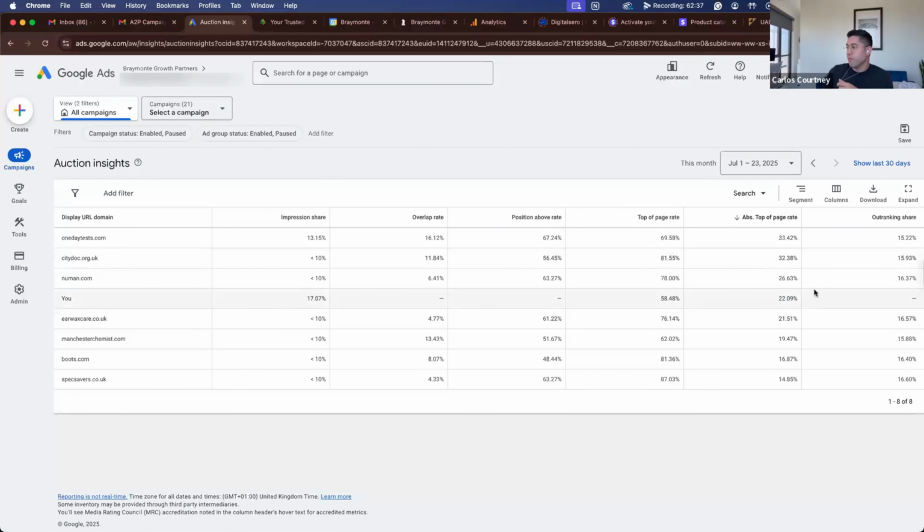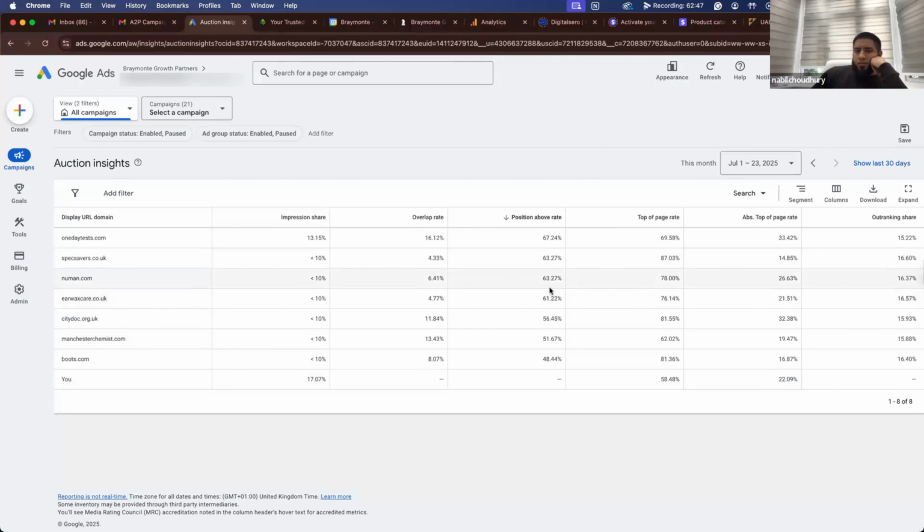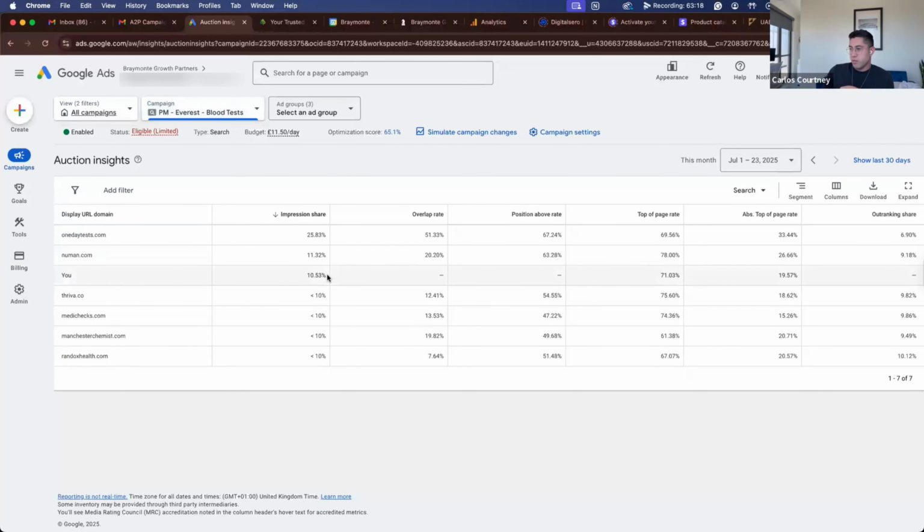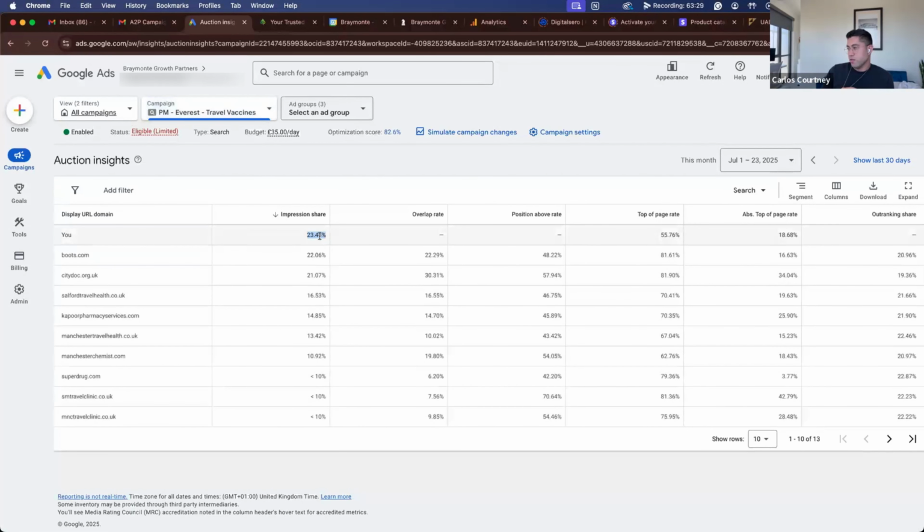So they're spending more to get absolute top of page when they probably could just be better off getting like first 3, top of page, not necessarily absolute. If they're position 3 or 4, cost per click goes down, you get more clicks, more traffic, and conversion rate stays the same. Yeah, so blood test 10% versus Newman 11, 1-day test 25, and travel vaccine they're dominating for.